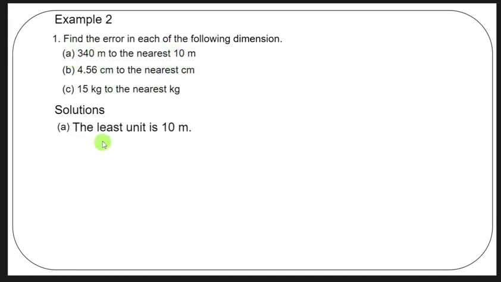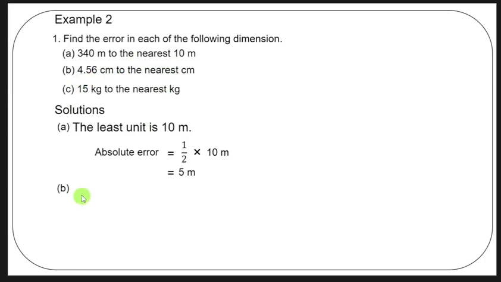So we say the least unit is 10 meters. Then the absolute error is going to be half of 10 meters, which is equal to 5 meters. So that will be the absolute error.